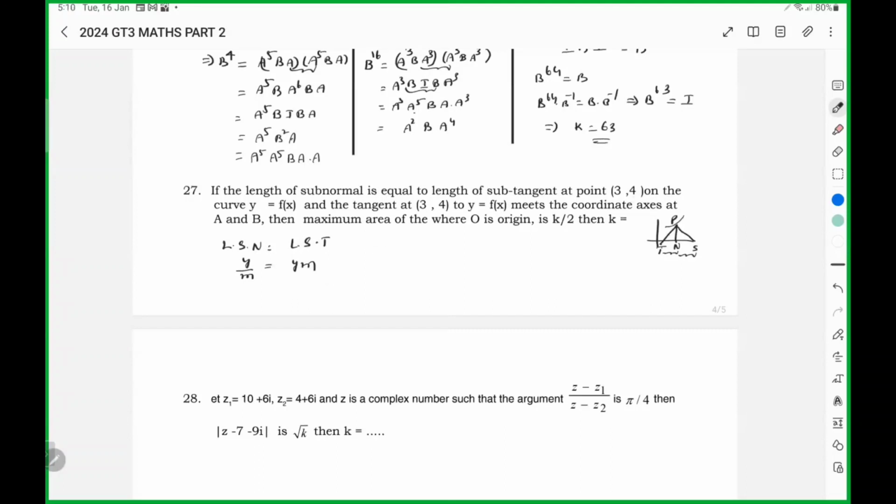So at the point x comma y, tan theta is y by length of subtangent, which is equal to y by tan theta, m. TN is y by m.